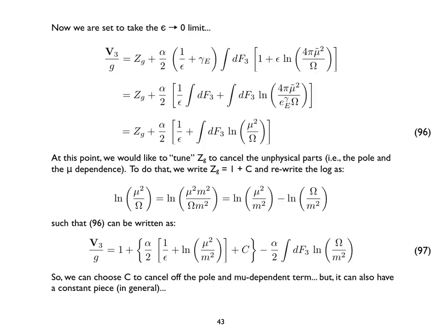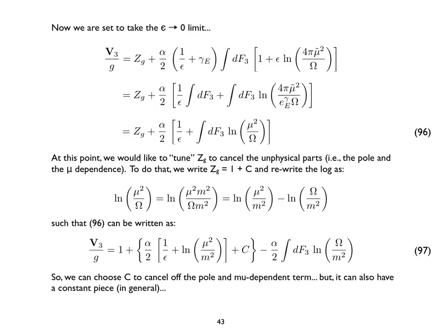But we can use that trick again where we rewrite the logs, mu squared over omega. We can separate out the mu squared from the omega by just using properties of logs. And that gives us something that looks like our leading term. I think that should be ZG, but anyways.